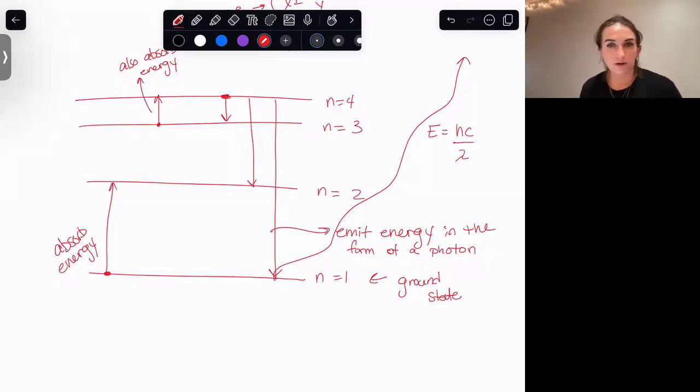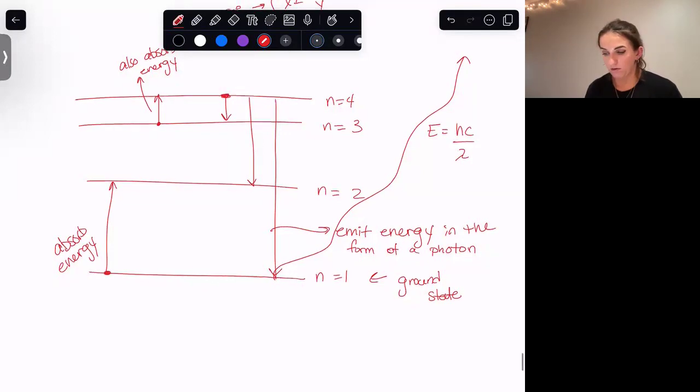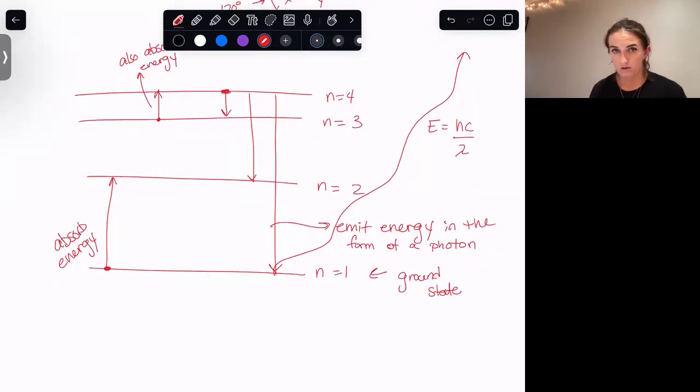Any questions so far? As we have energy is equal to hc over lambda, if we have high energy, what does that mean for our wavelength? Do we have a long wavelength or a short wavelength?